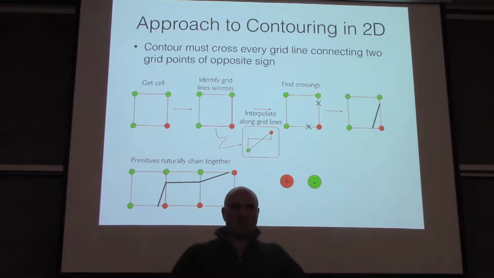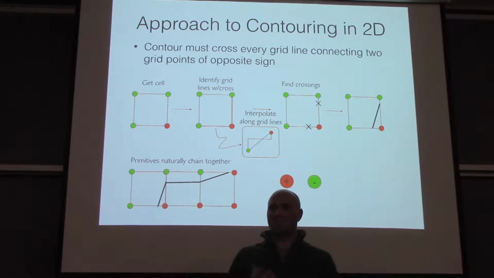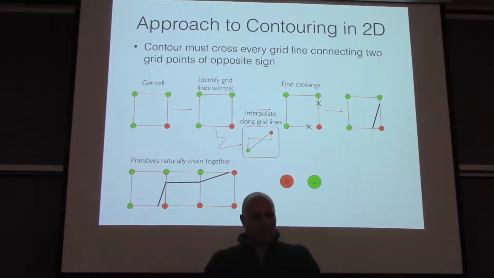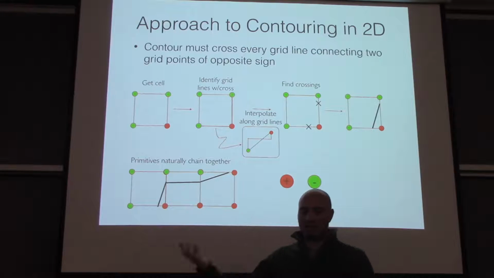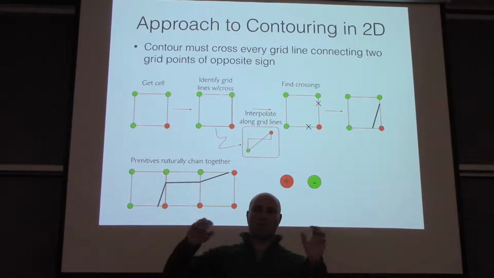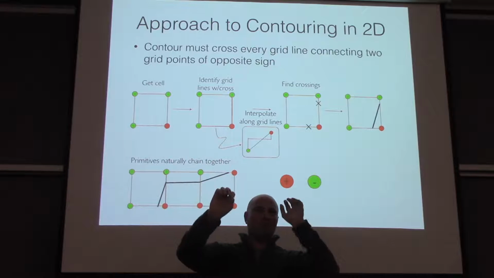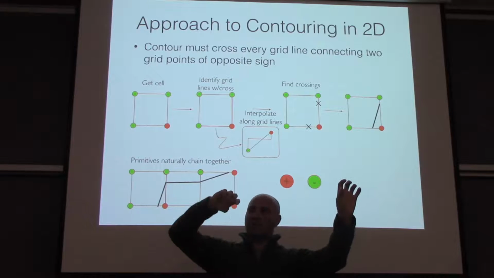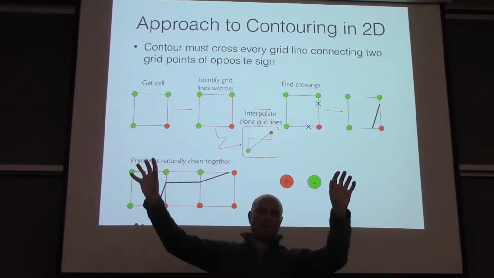So how do we actually do an isocontour in 2D? This is going to be the simple version of what we do in 3D. Generally, we're looking at where the values have a sign change, or where you have one vertex that's lower than the iso value, and another vertex that's higher than the iso value.